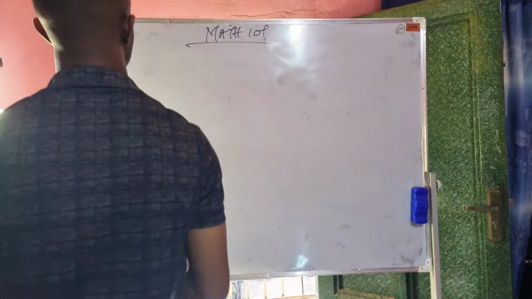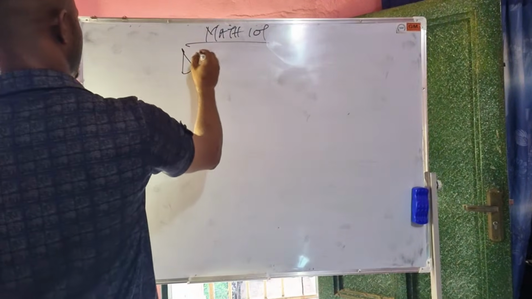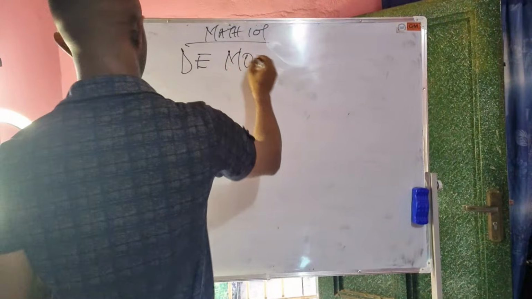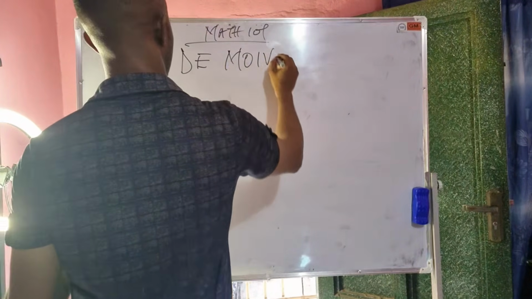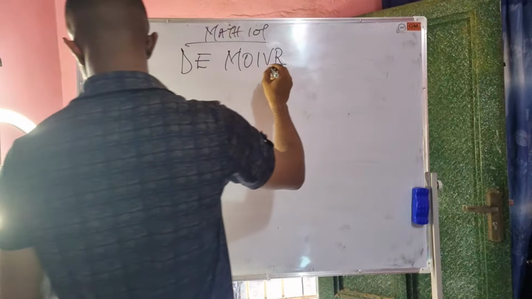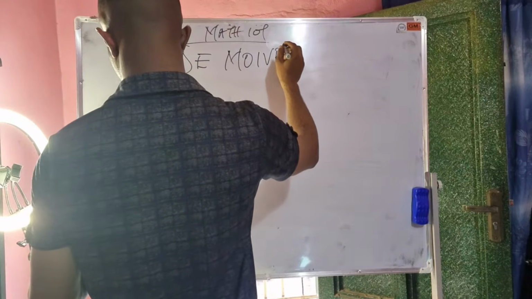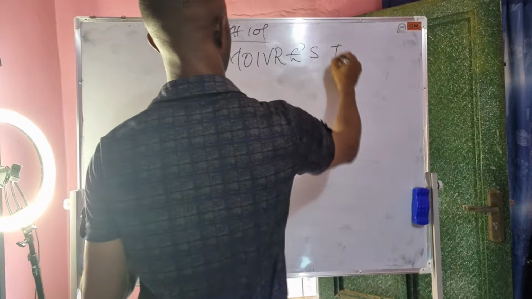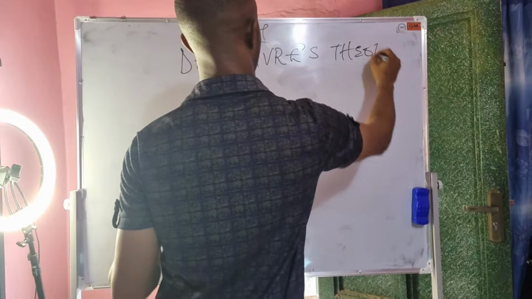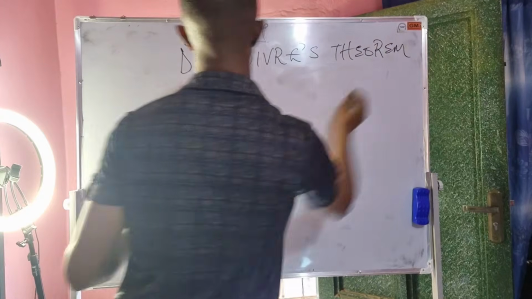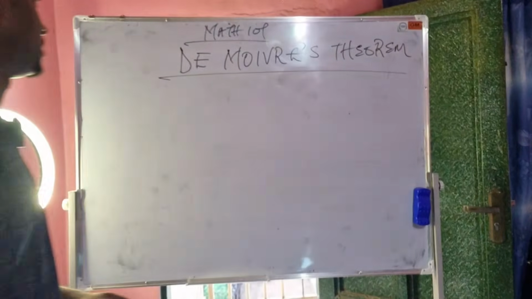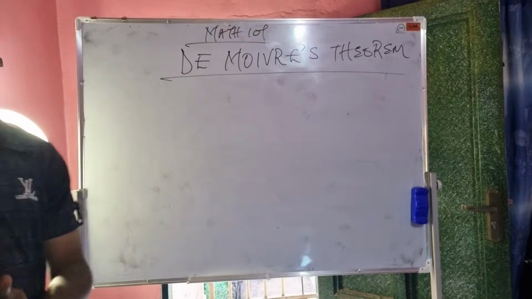Okay, the next one is Moivre's theorem. Moivre's theorem is a very simple theorem, all right?